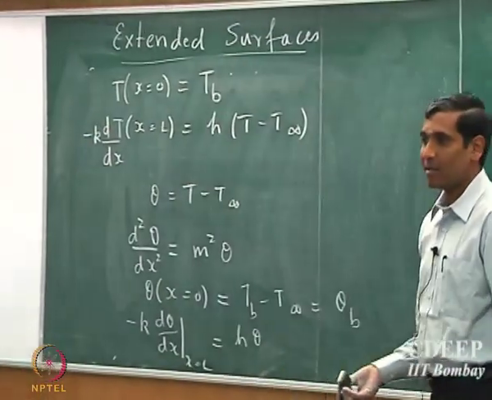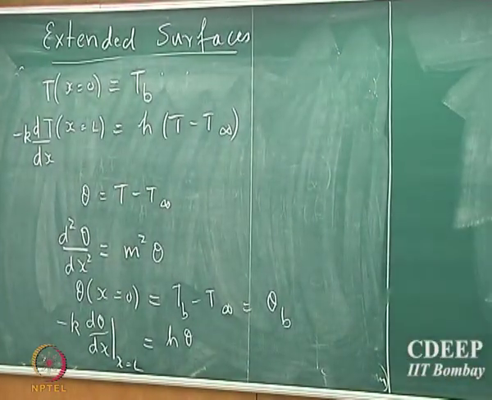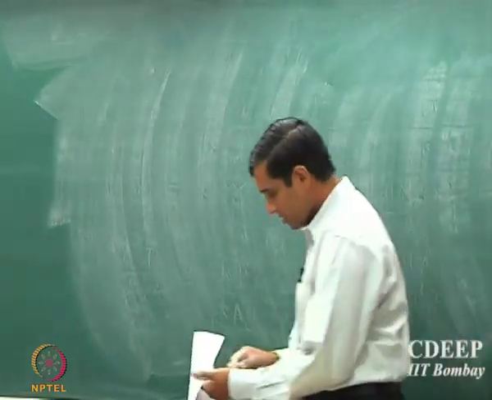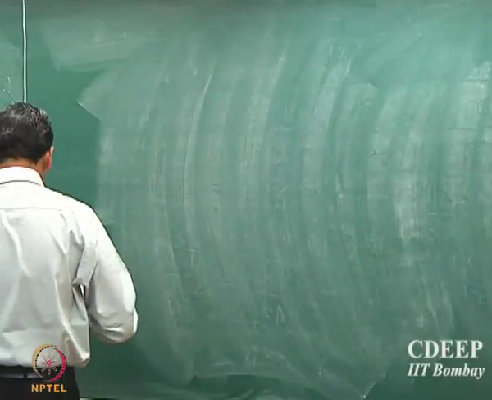Eigenfunctions are e to the power plus mx and minus mx. So, you can solve the eigenvalue problem and substitute the boundary condition. I will just give you the final form.